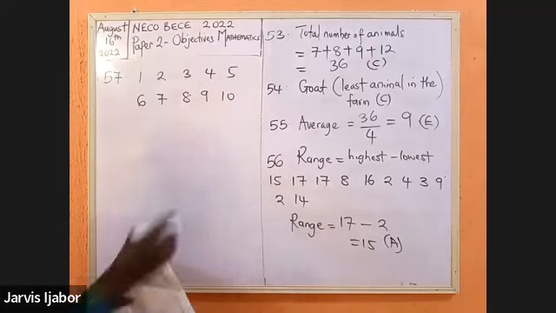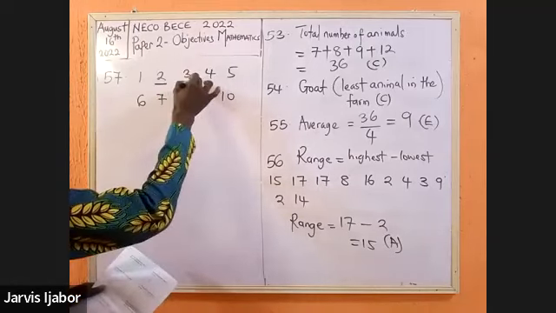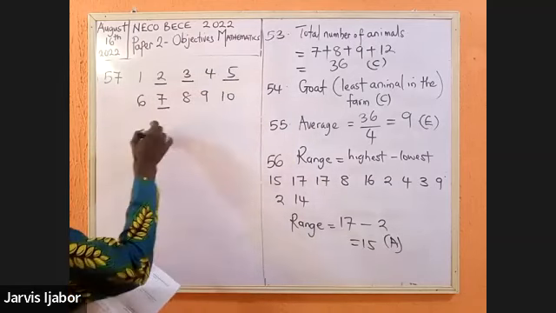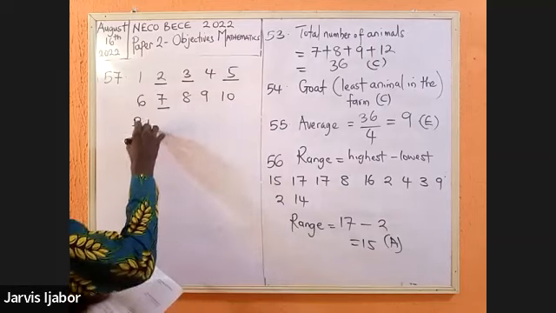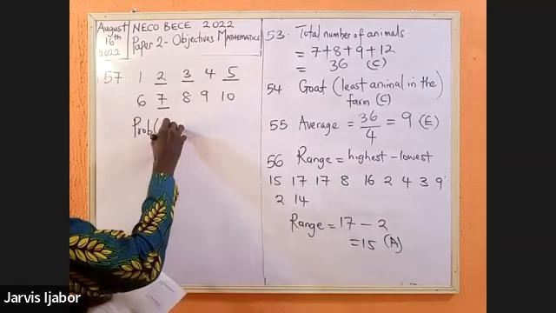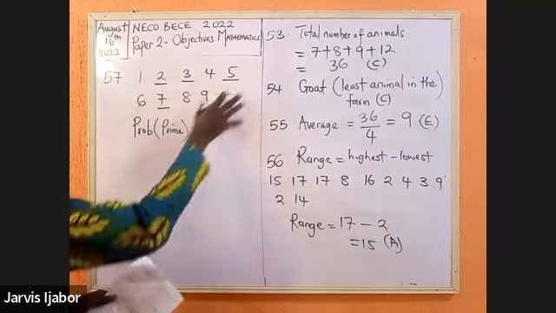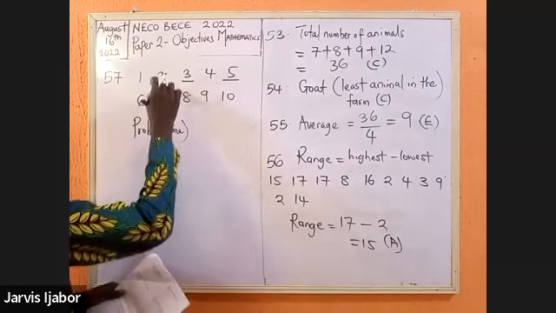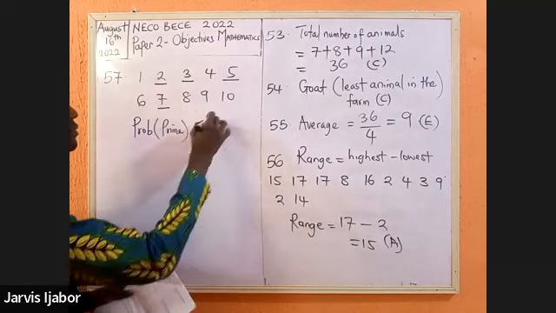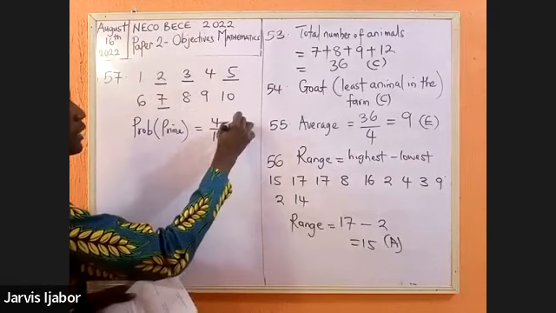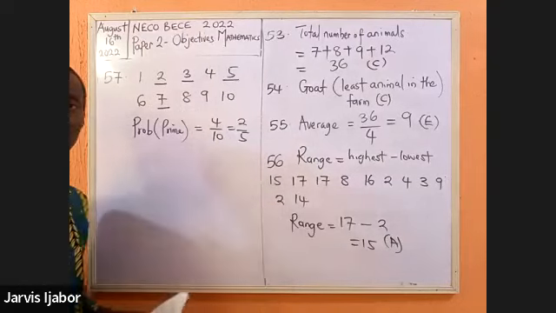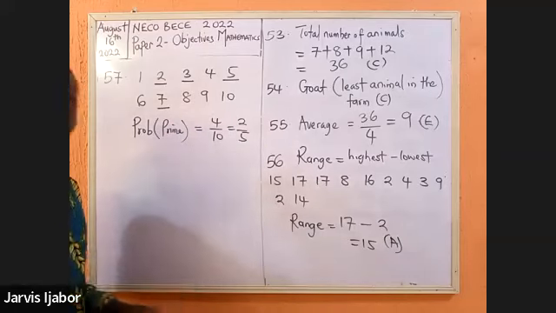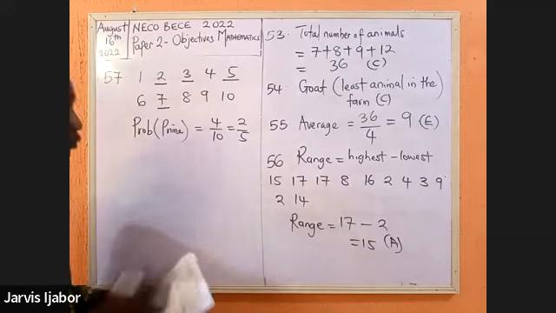This is a prime, this is a prime, this is a prime, this is a prime. I have 10 numbers here, and of those 10 numbers, how many of them are primes? 1, 2, 3, 4. That will be 2/5. This is testing your knowledge of probability. So 4 numbers are prime out of 10 numbers given. So that answer will be D.